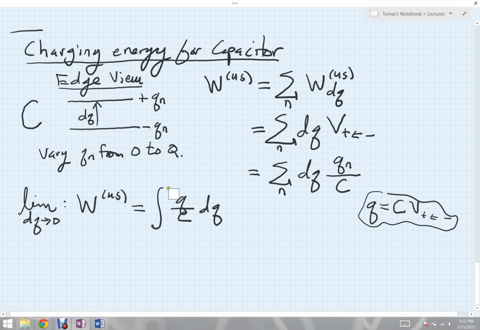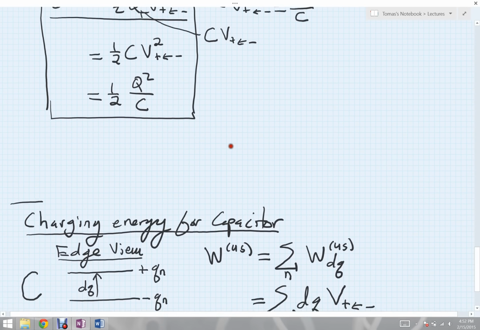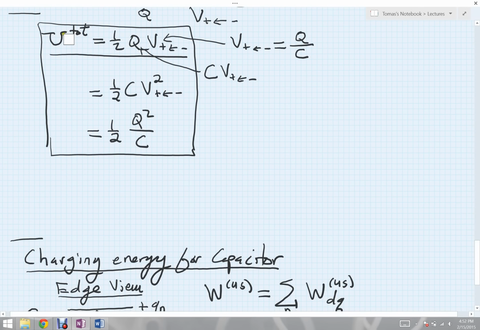And I have to list the range of my integration variable q. Well, q has been varied from 0, my starting point, to capital Q at the end of the day. Now all that's left is to carry out this integral and hope that the work we put in to charge this shows up as potential energy, corresponding to one of these three forms for the total potential energy: 1/2 CV squared, 1/2 Q squared over C, or equivalently 1/2 QV.